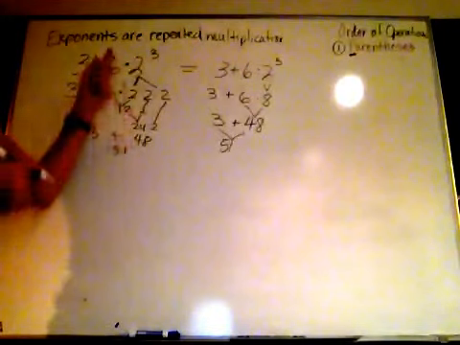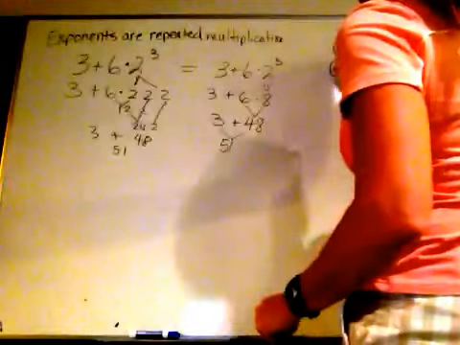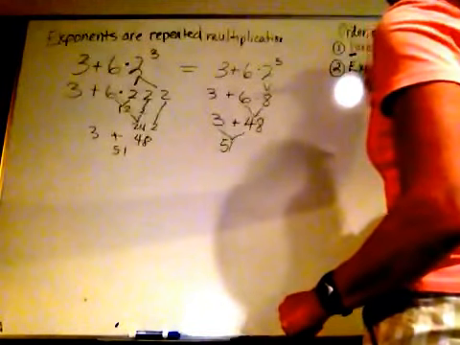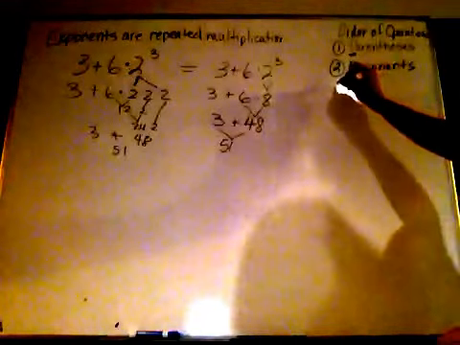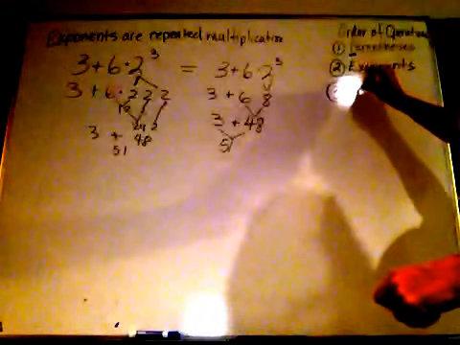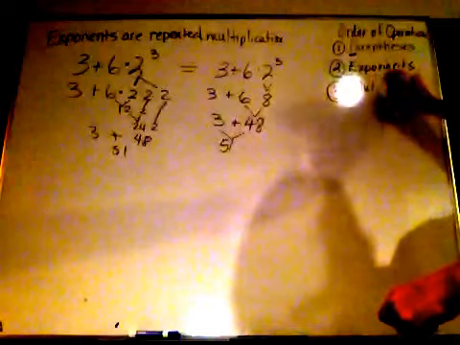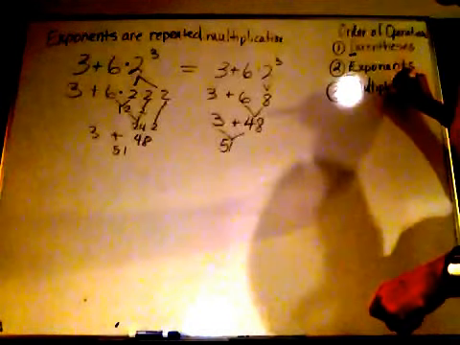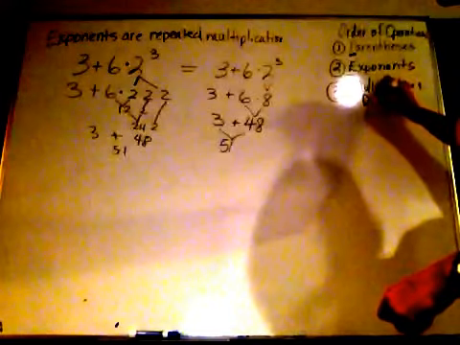Okay, so powers, or exponents, come after parentheses. So number 2 in order of operations will be exponents. And I'm going to underline the E there. And then the next thing that we do is multiplication and division.